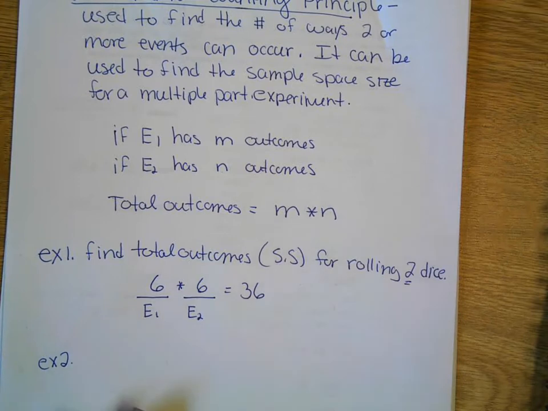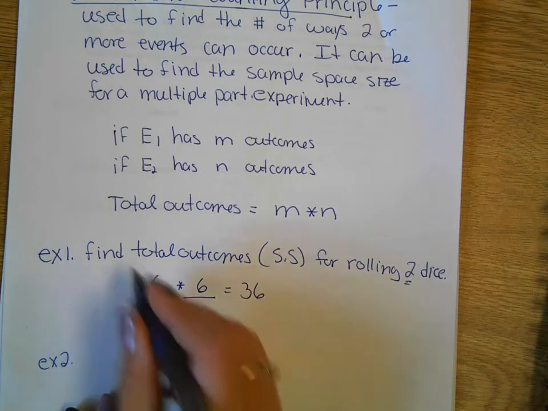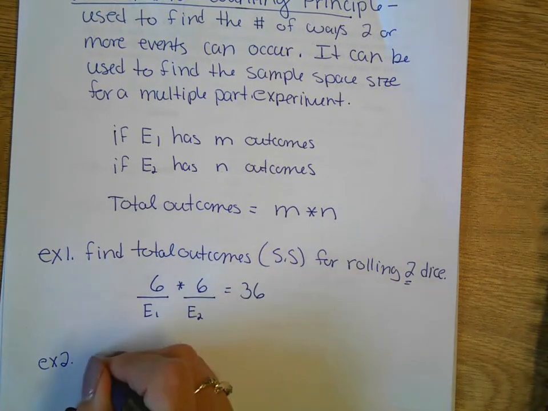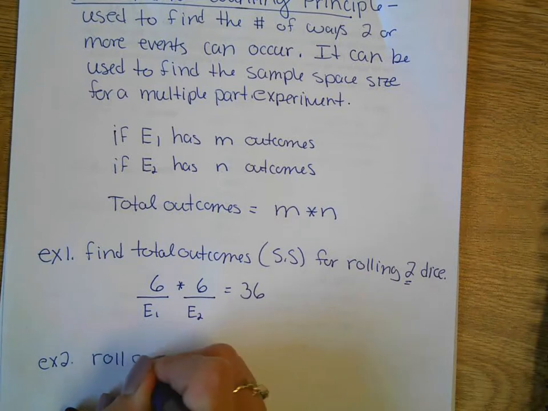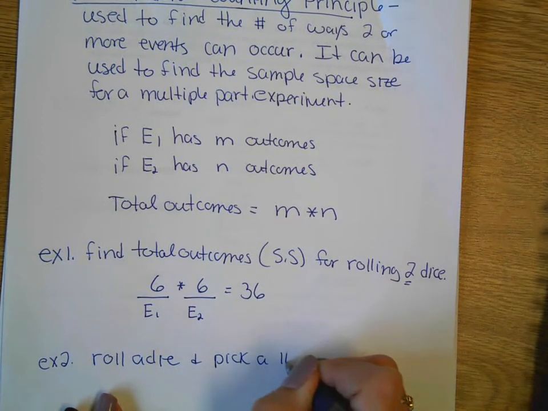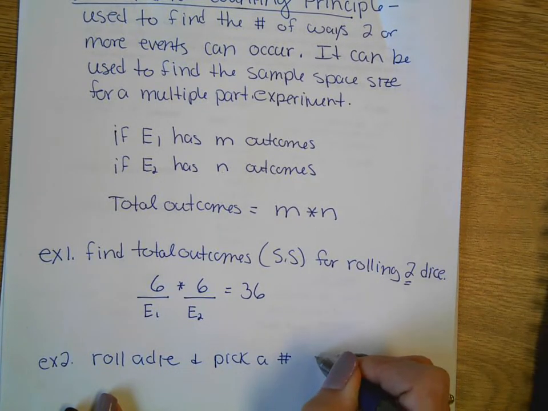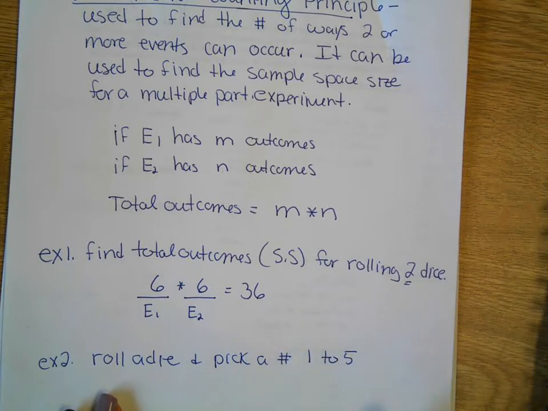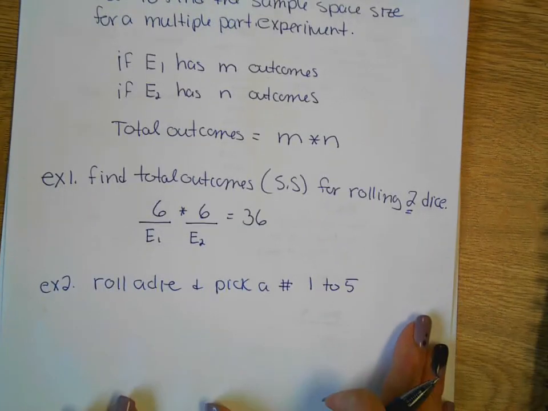Yesterday on your review packet, one of them said find the probability of, let's see, so these are all find the total. Rolling a die and pick a number from 1 to 5. How many outcomes will there be for those two things?